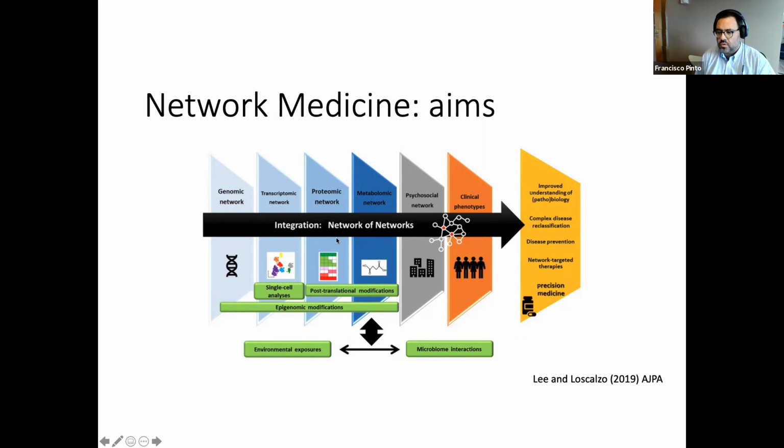And the aim is to use this information either to prevent disease by identifying factors that are risk factors for disease and trying to avoid the effect of those risk factors, and develop new therapies.